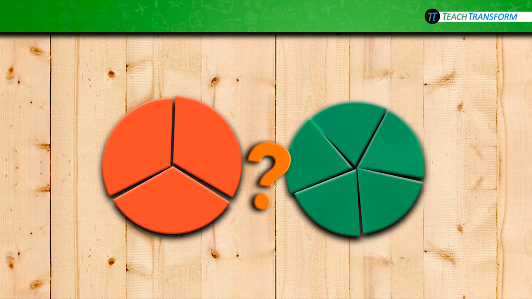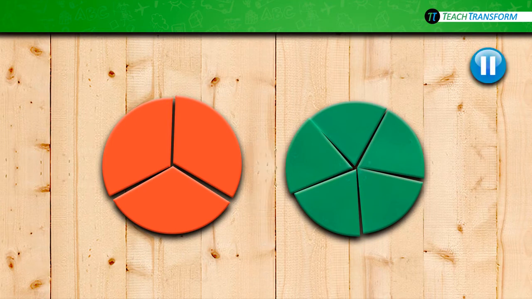In the picture, you can see that the thirds are larger than the fifths. Pause the video now and discuss why thirds are larger than fifths when the wholes are the same size. And then write your thinking in part 2 on your sheet. You can start the video again when everyone at your table is finished.